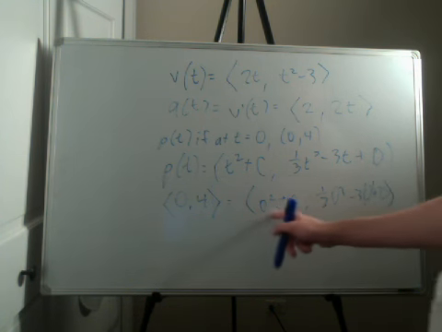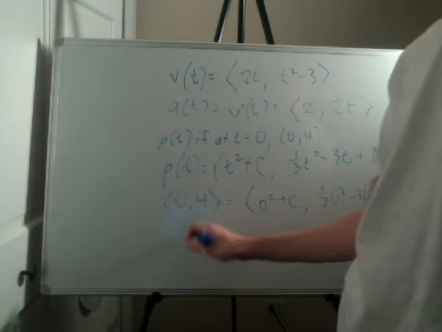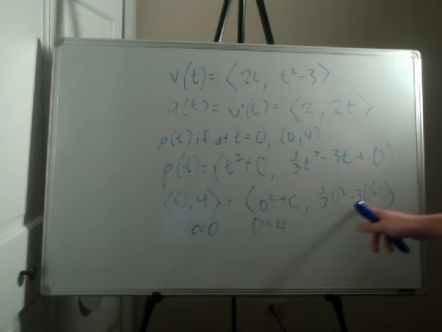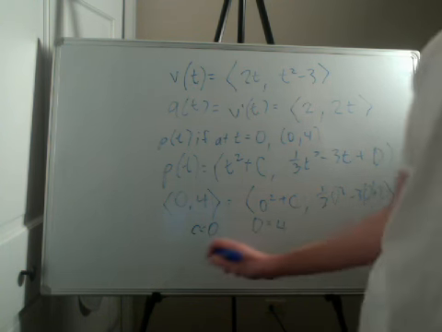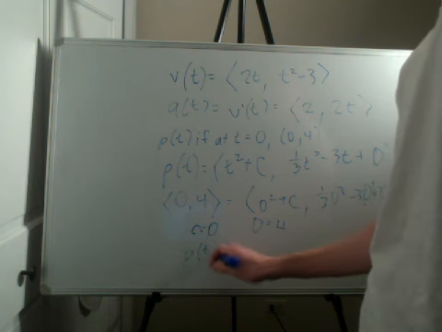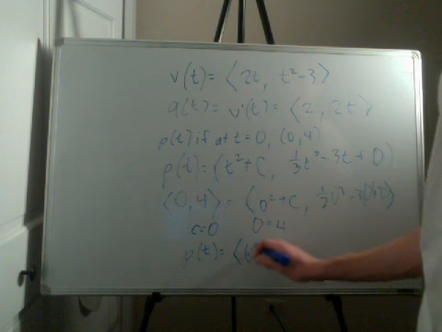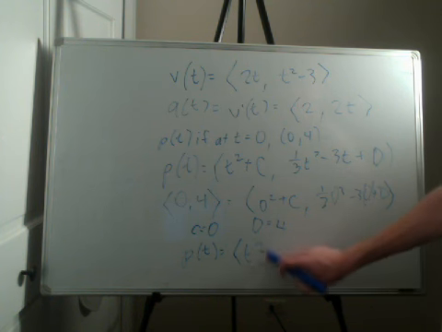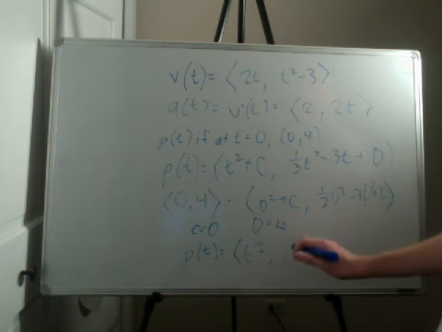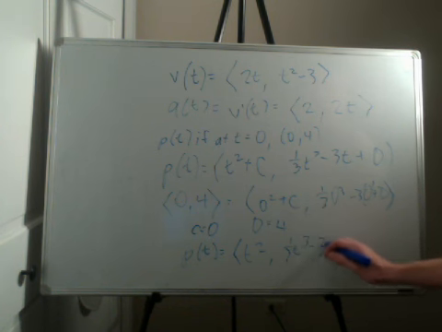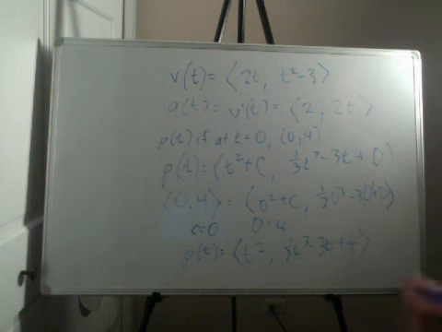So you're going to get 0 squared plus c equals 0, so c equals 0, and d equals 4, because these are 0. So then you're left with p of t equaling t squared plus 0, so I can just write t squared, comma, 1/3 t cubed minus 3t plus 4, like that.